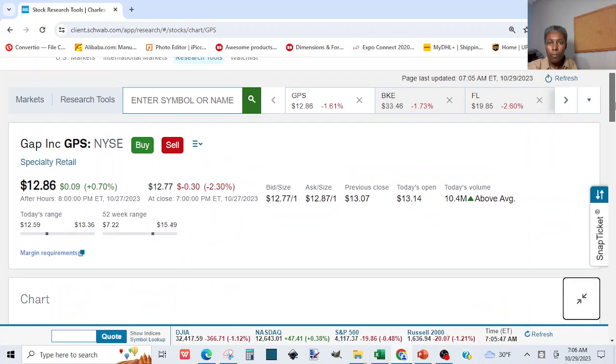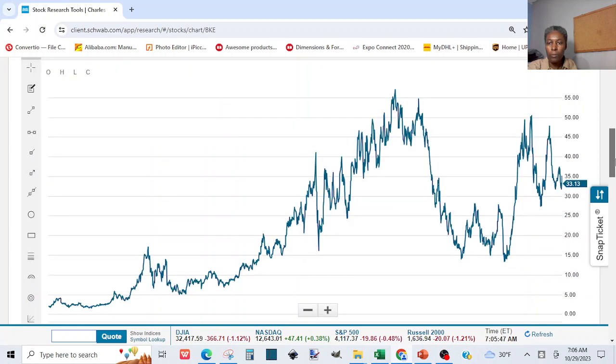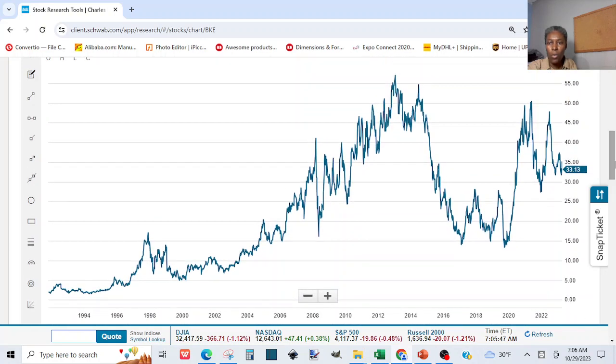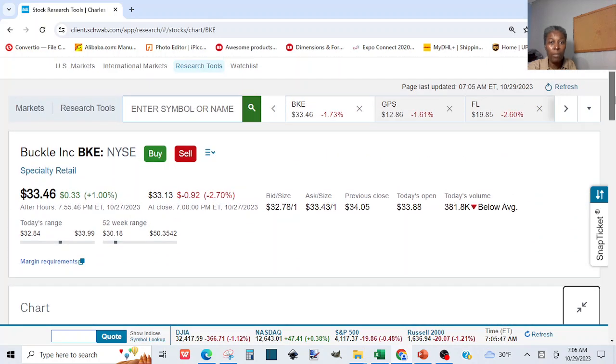And when I look at this one again, the Buckle, where it is, is on the lower side compared to those peaks, but not compared to this dip here. So that's something to consider. And overall, both are okay to have in your portfolio, in my opinion.